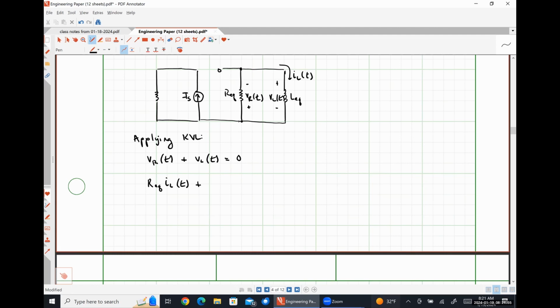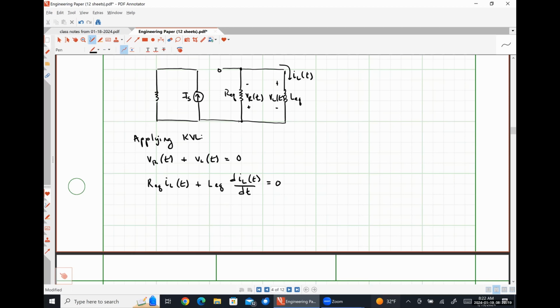And the voltage drop across the inductor could be written as Leq times the derivative of the inductor current with respect to time. So what we have here is a linear homogeneous first order differential equation, okay?